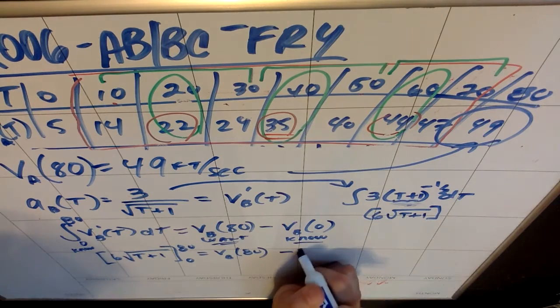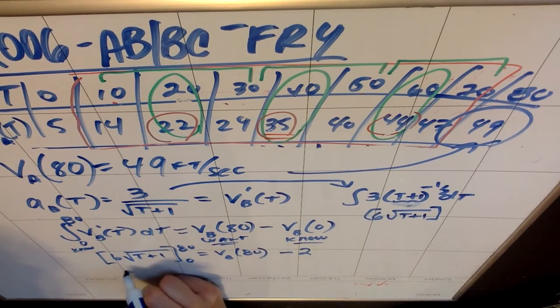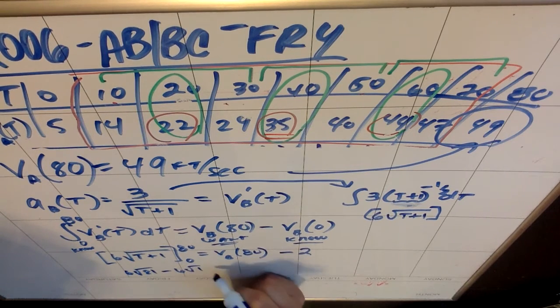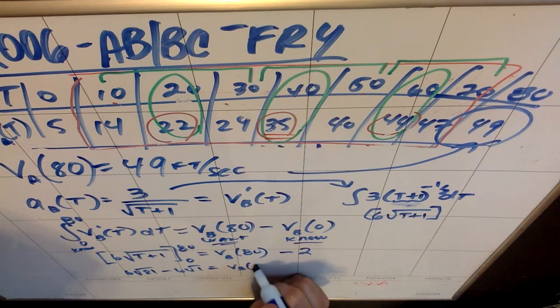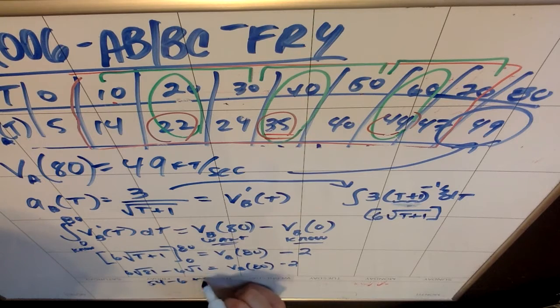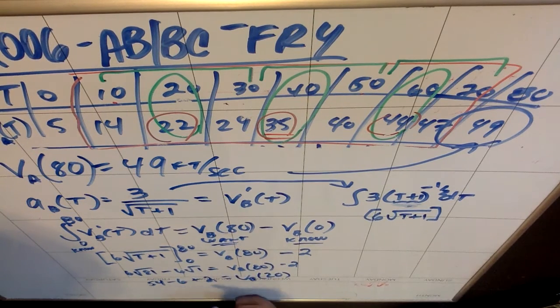So if I plug this guy in, right, I get that this is 6 root 81 minus 6 root 1 equals the thing I want, minus a 2. So I get 6 times 9, which is 54, minus a 6 plus a 2 is my V_B of 80.